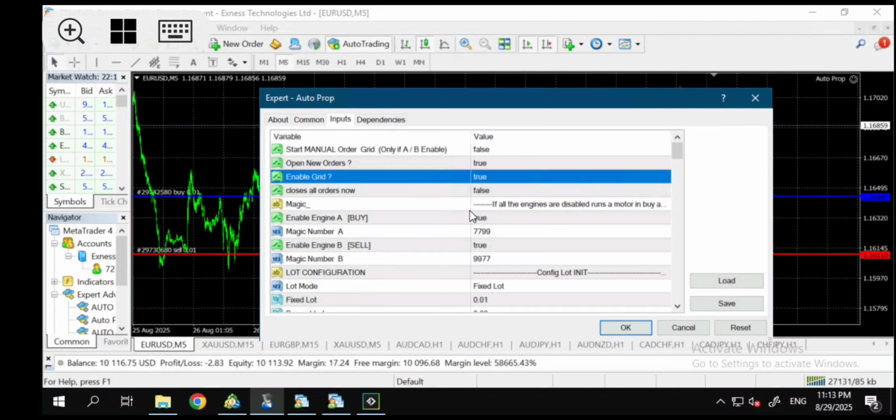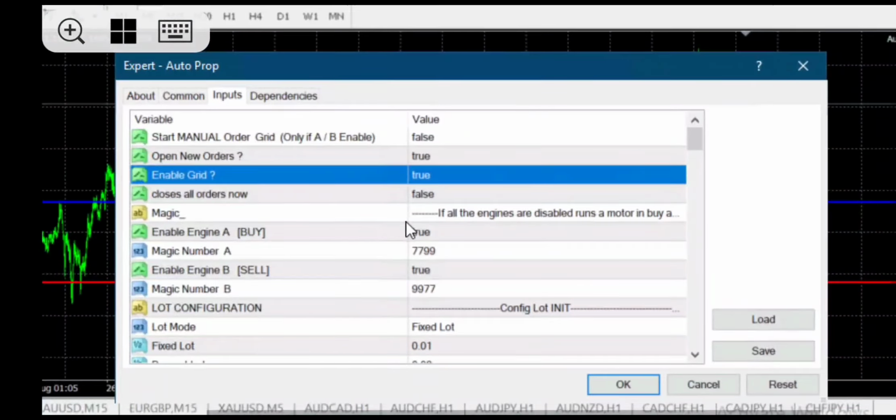Now, from collections of EAs we've had and the fact we are aware lots of people in the group are struggling to make consistent profit, struggling to pass prop firm challenges, so we feel this is one of the best indicators to actually introduce to the group. So let's dive down to the set files here.